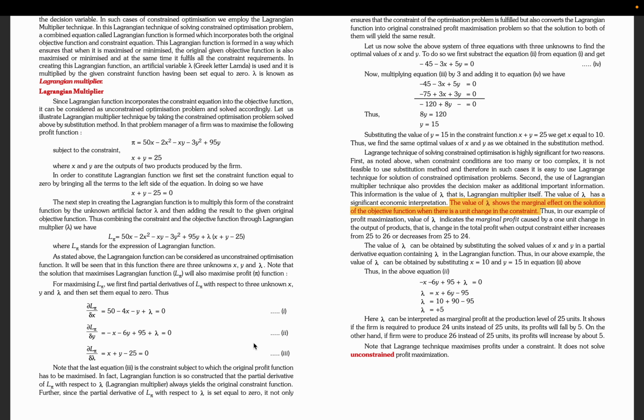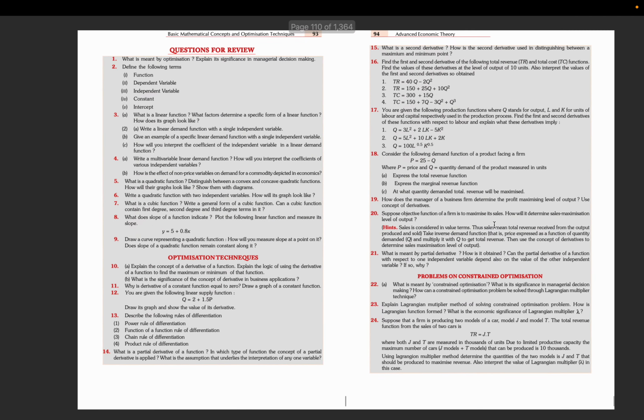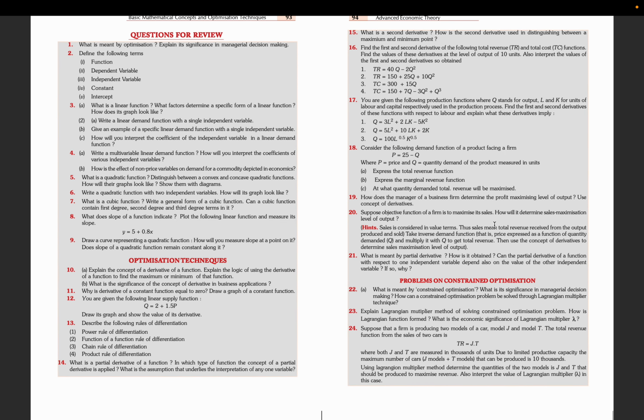On the other hand, if the firm were to produce 26 instead of 25 units, the profit will increase by 5, because there's a positive sign here, if you see. Okay. Note the Lagrange technique maximizes profits under a constraint; it does not solve unconstrained profit maximization. You can't use this for unconstrained profit maximization problems.